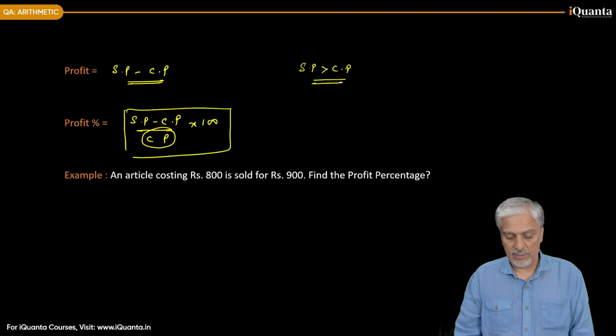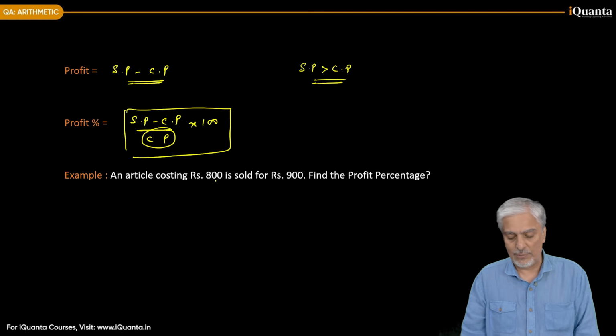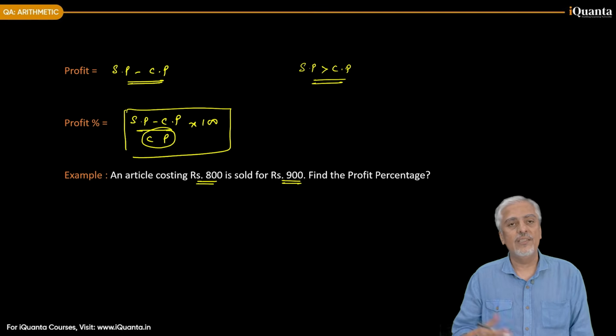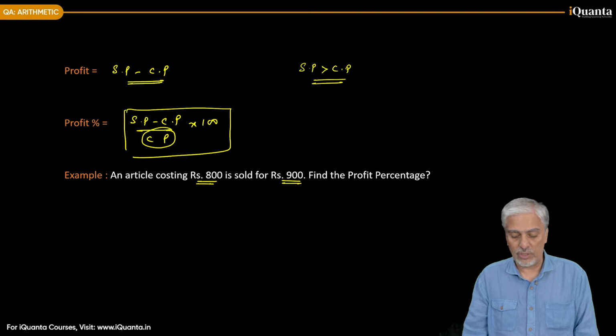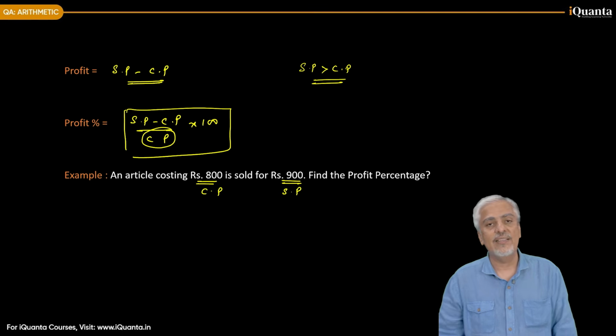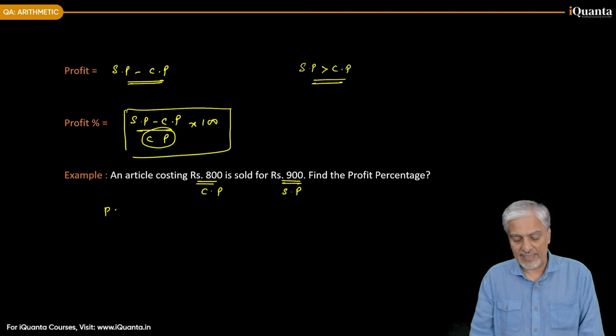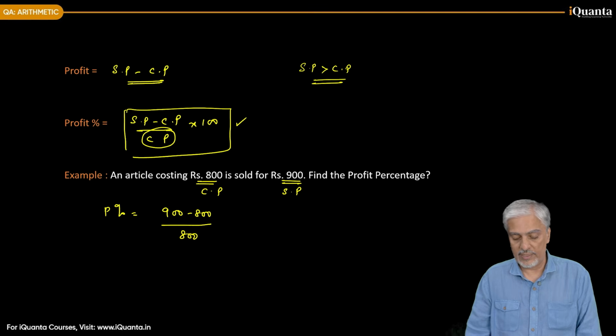So suppose the example which we've taken, a very basic example over here, an article costing 800 is sold for rupees 900. Find the profit percentage. So your cost price is 800, your selling price is 900. So what's your profit percentage? Profit percentage is selling price minus cost price. That's 900 minus 800 upon 800, because upon cost price into 100, right?